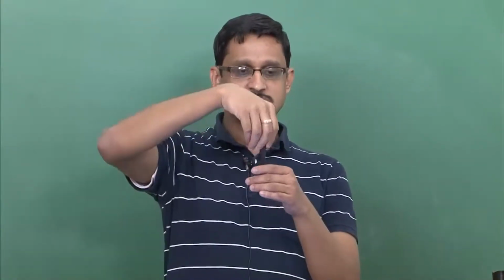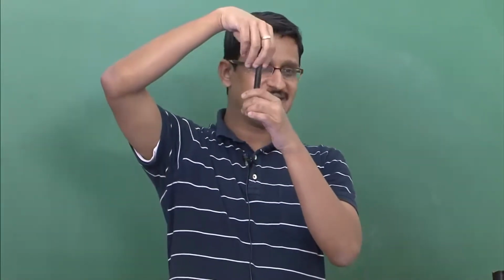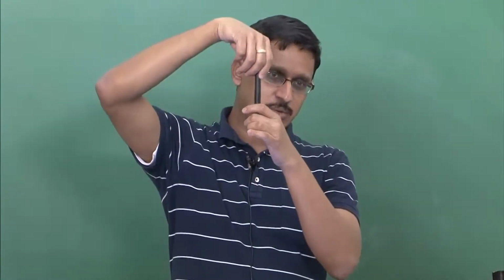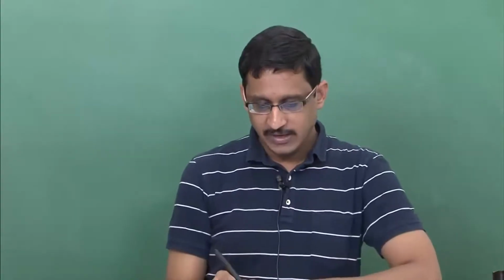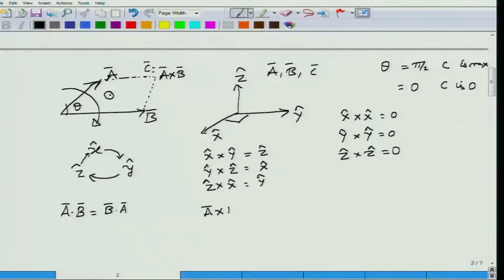So, you have a screw which is coming out like this, it would be along the plus z direction, you go this way, it would be along the minus z direction, right. So, we have a cross b not equal to b cross a, instead a cross b is actually equal to minus b cross a, that is, the vector would point in the direction that is opposite to a cross b.